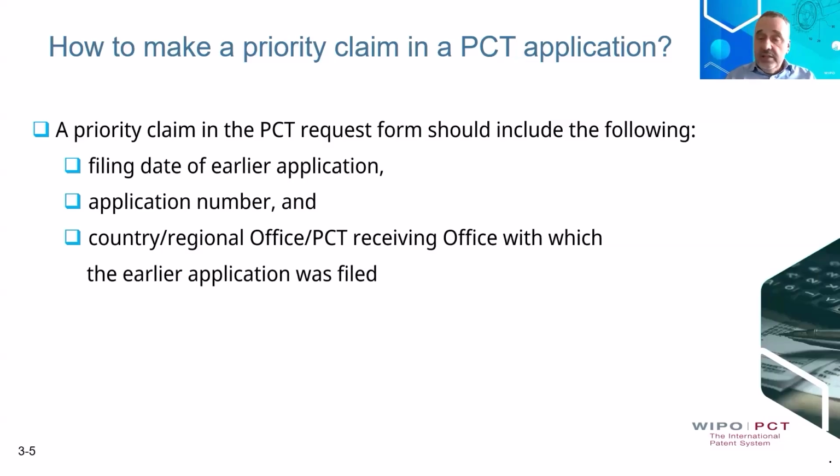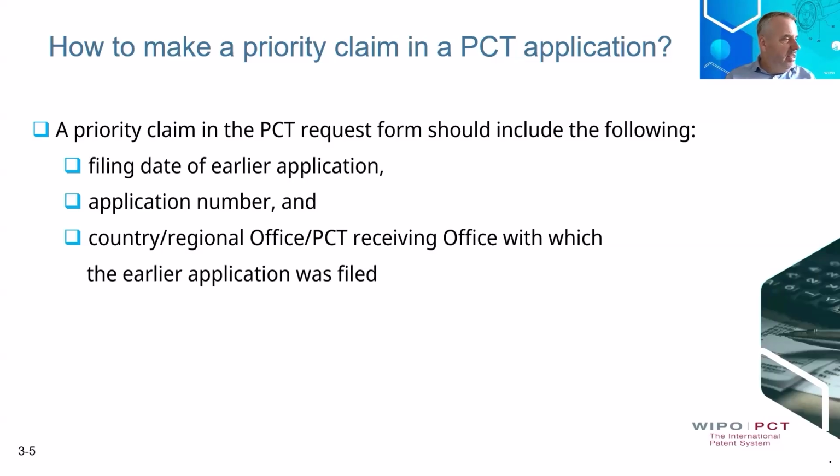That is the filing date of the earlier application, the application number that was given to you by the Office of First Filing, and then also the name of the office. But usually it's the country of where you filed the national application. If it's a regional application, the regional office, and if the earlier application was a PCT, it should be the PCT receiving office that you indicate. So by simply including these three pieces of information, you have a priority claim in a PCT application.